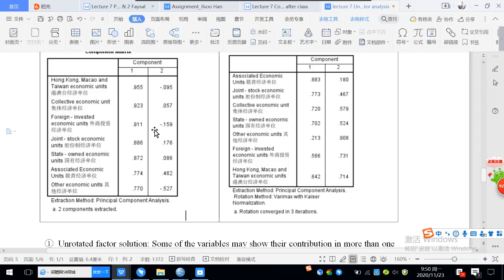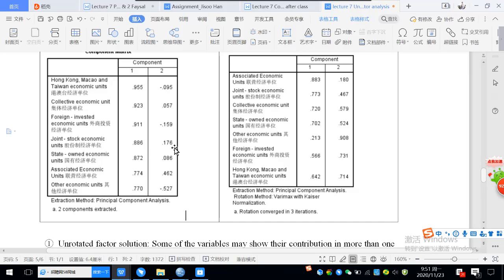So when you compare these 2 rows of data, you can see that all of these coefficients in component 1 is more than their coefficients in component 2, right? So it's really hard to explain, to name the component 2, because component 1 includes the majority of the variables.